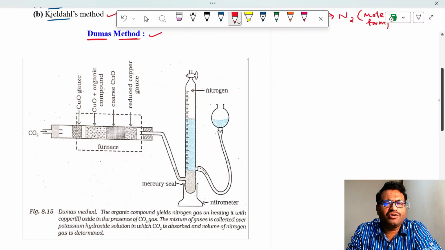Now you can see here you are passing carbon dioxide. What is this completely called? This is furnace. Furnace means you are heating it. This chamber is called a combustion tube.